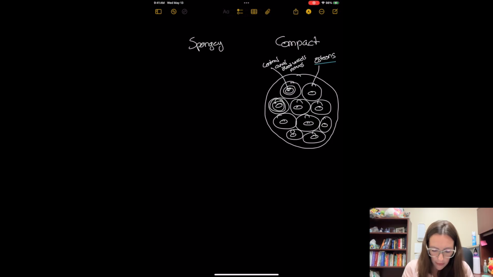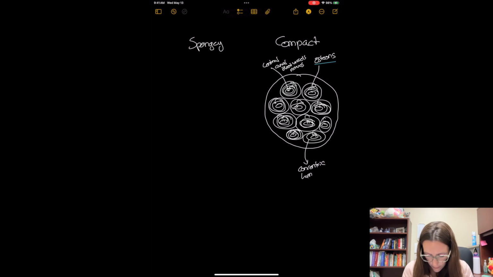And then around the outside of them, what you'll see is these rings. So again, really think we're looking at a forest of trees. These rings are referred to as concentric lamellae. What we mean by this is each ring has an opposite orientation of collagen.